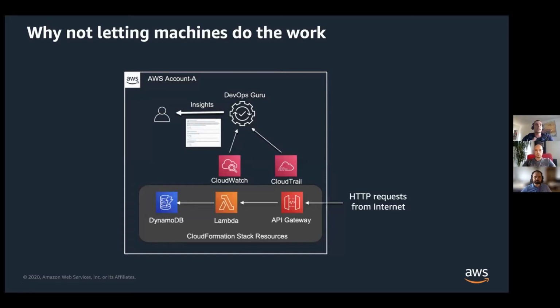DevOps Guru is analyzing your different metrics from CloudWatch, and it correlates what a complete service is based on what a CloudFormation stack describes. So even if you have a microservices environment, it will be seen as a single service at this level, thanks to this aggregation in CloudWatch.